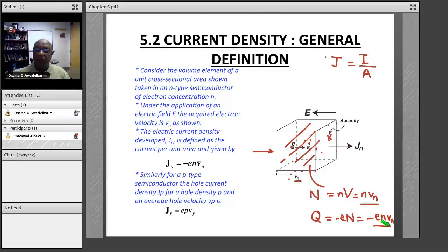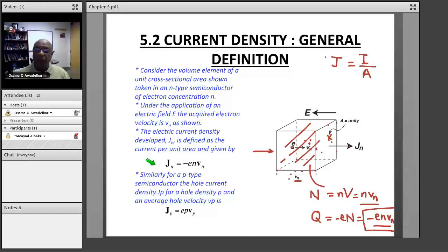But the charge that moves out in 1 second is current. So current is the charge per unit time. So actually this is the current that goes through this cross-sectional area. But it's a unit area, so it's current per unit area.